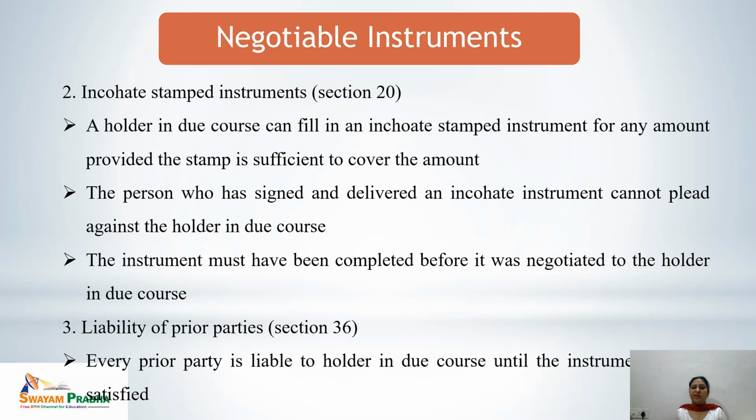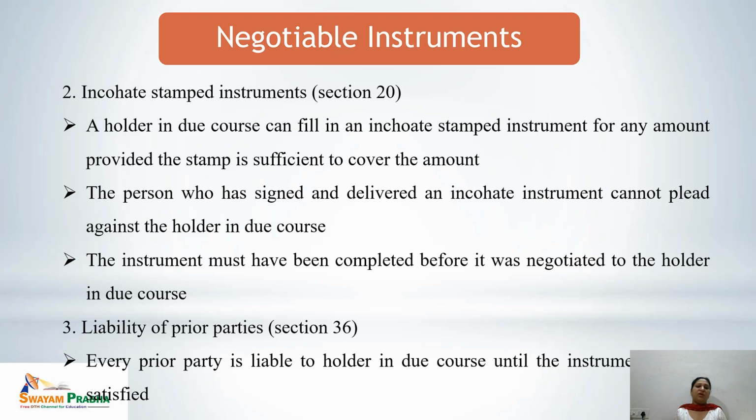The person who has signed and delivered an inchoate instrument cannot plead against the holder in due course that he has made some kind of fraud, he is mistaken or something else, and the instrument must have been completed before it was negotiated to the holder in due course. So all these things can be done in the case of inchoate stamped instruments covered under section 20.